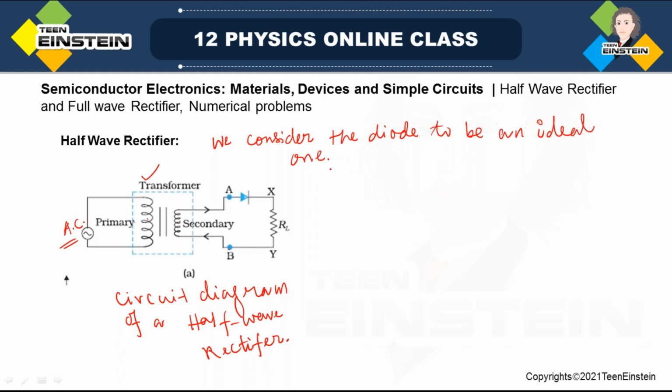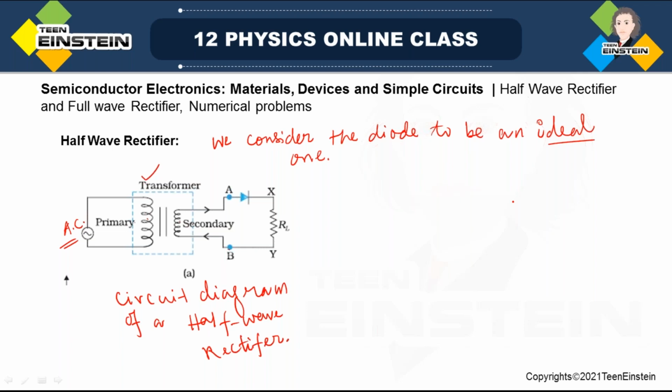What does that mean? We have discussed this already. Ideal diode means in forward bias there will be flow of current, and in reverse bias there will be no flow of current, or zero current will flow through the diode. So that is what an ideal diode means.